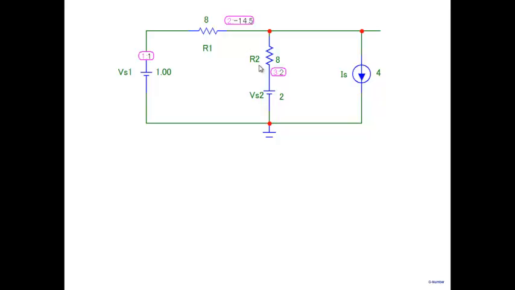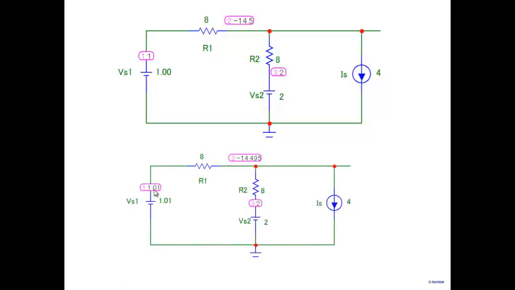One possible way of doing this, as I said, is to change Vs1. So in the next case, I change Vs1 by 10%, from 1 volt to 1.01. We analyze the circuit once more, and we find that the value at this particular node, which is the output voltage here, is minus 14.495.